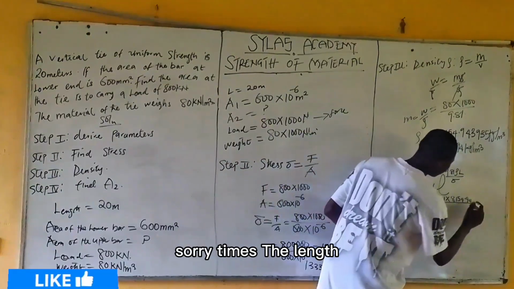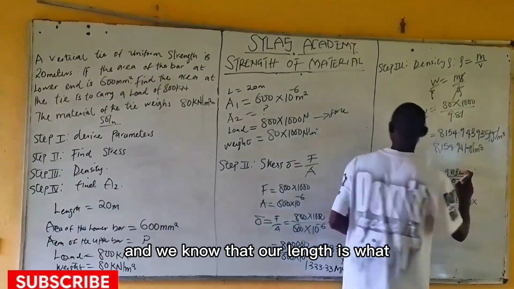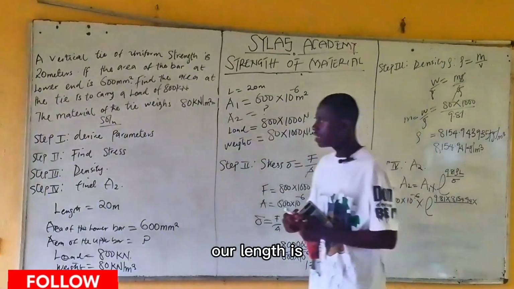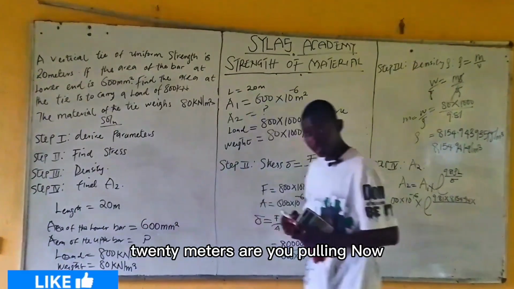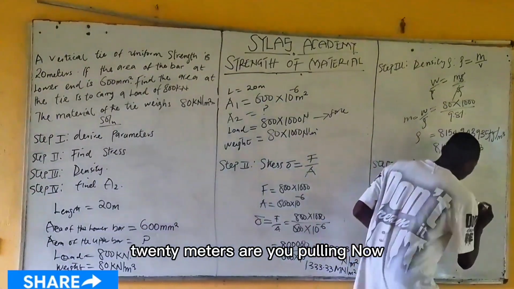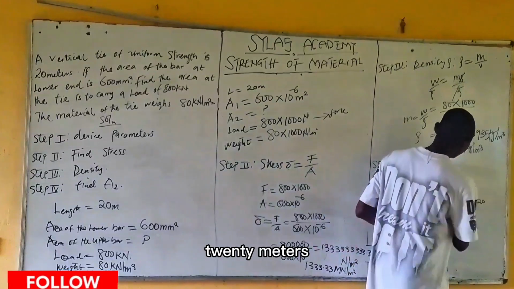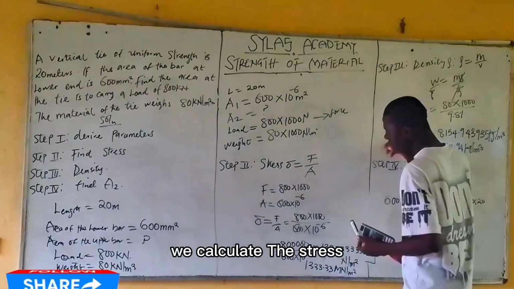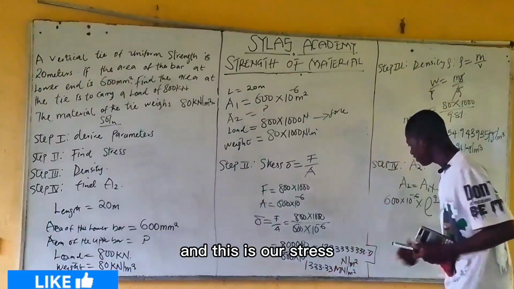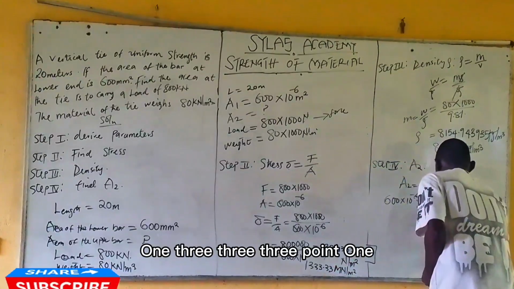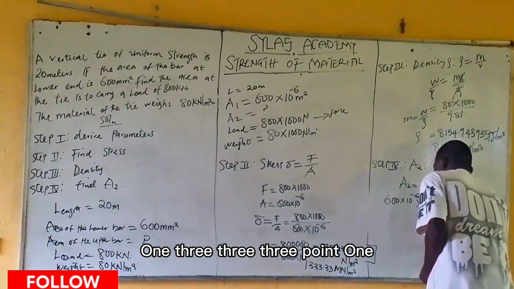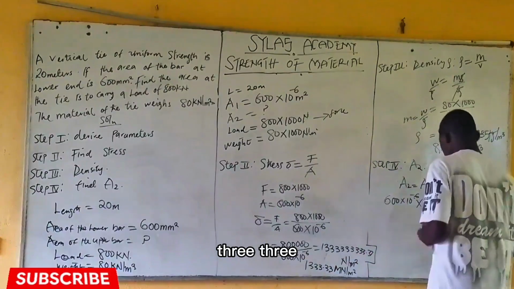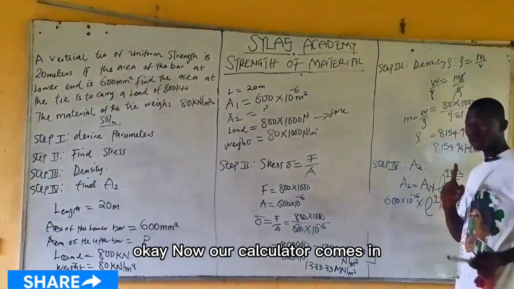Times the length. And we know that our length is given to be 20 meters. Are you following now? 20 meters. Then the stress, so we calculated the stress, and this is our stress, which is 1333.33.